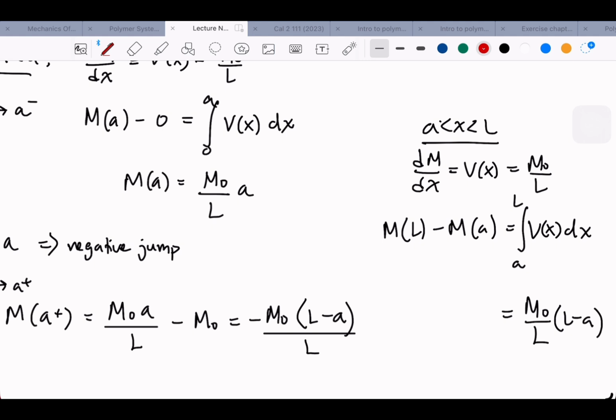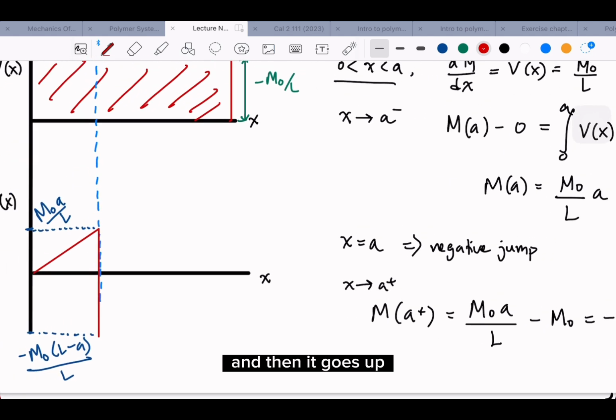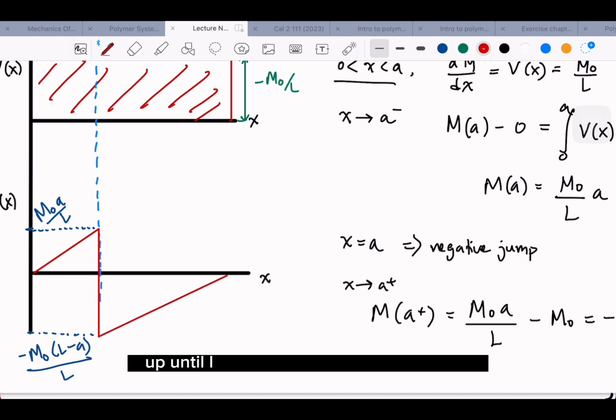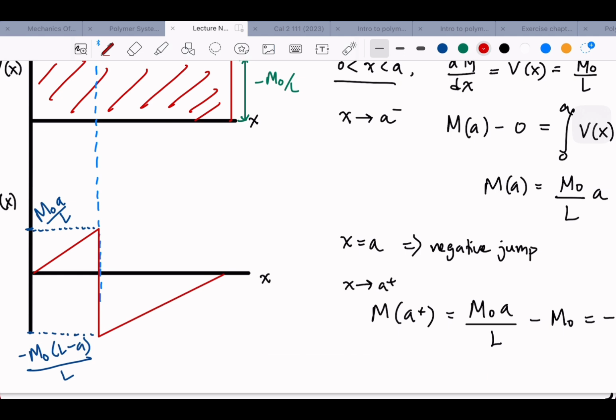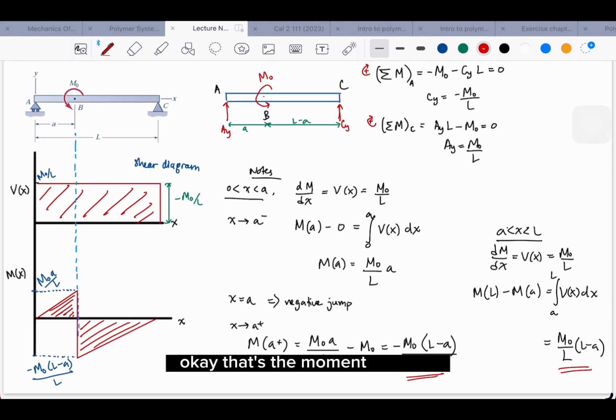M0 L, so it goes up here and this goes down. And then it goes up until L, and it should be the same slope as the first line. Okay. So this will be equal to 0. So this will be the moment diagram. Okay, that's the moment diagram.